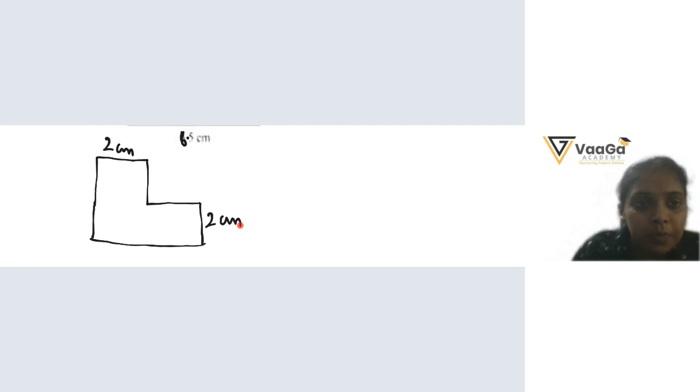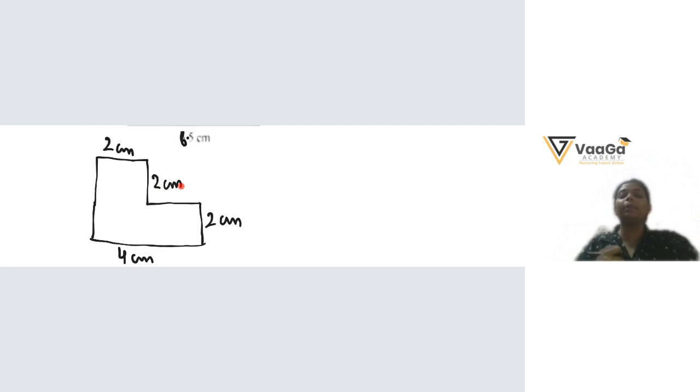Right. Now, let's say this is 2 centimeters, this is 2 centimeters, this is 4 centimeters, and this is 2 centimeters. Now, if I ask you to calculate the perimeter of this shape, how will you calculate that? Do I have all the sides in this?